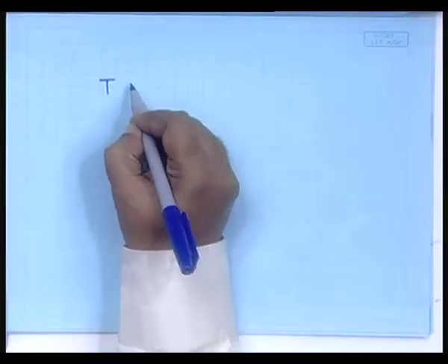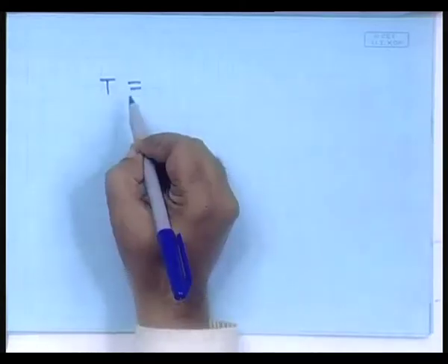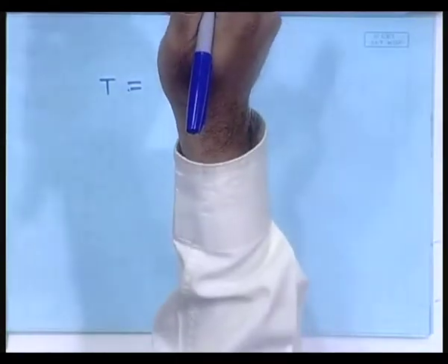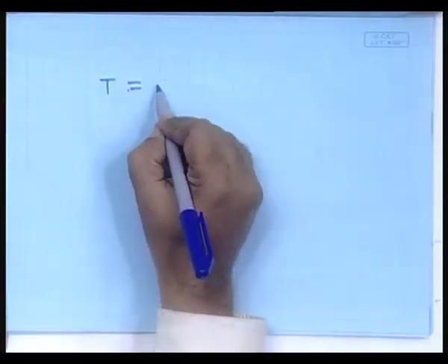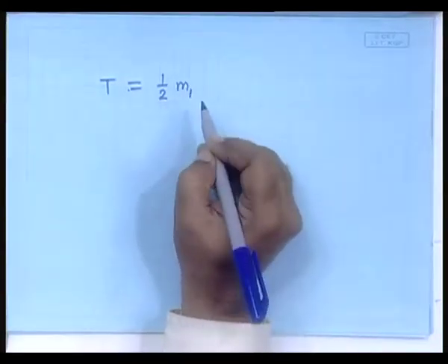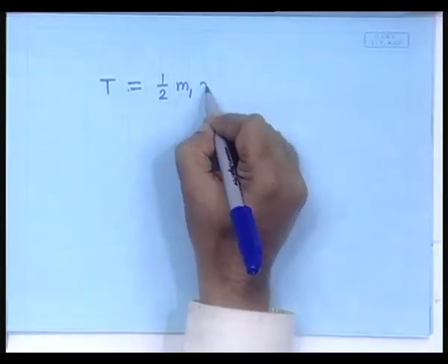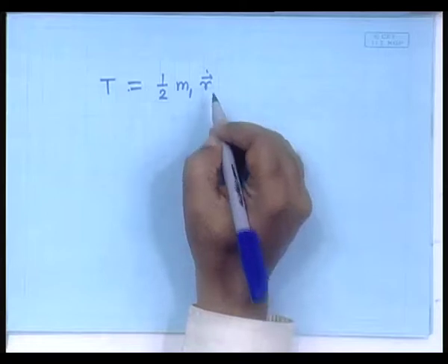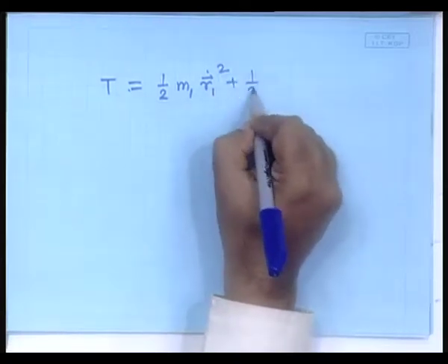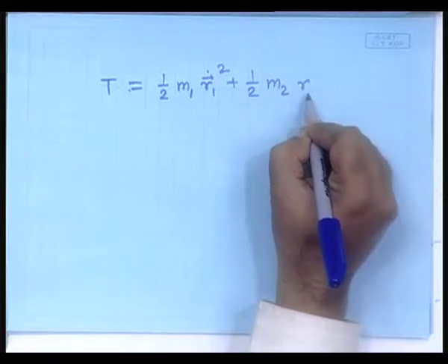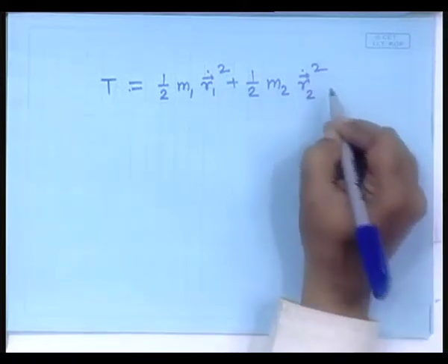So, let us keep this here and let us write down individually. We said that we want to express things in terms of energies. The first energy is kinetic energy. What is the kinetic energy? Total kinetic energy, written as T. So, kinetic energy is half m v square for each body. So, half m 1 r dot 1 square plus half m 2 r 2 vector dot square plus.